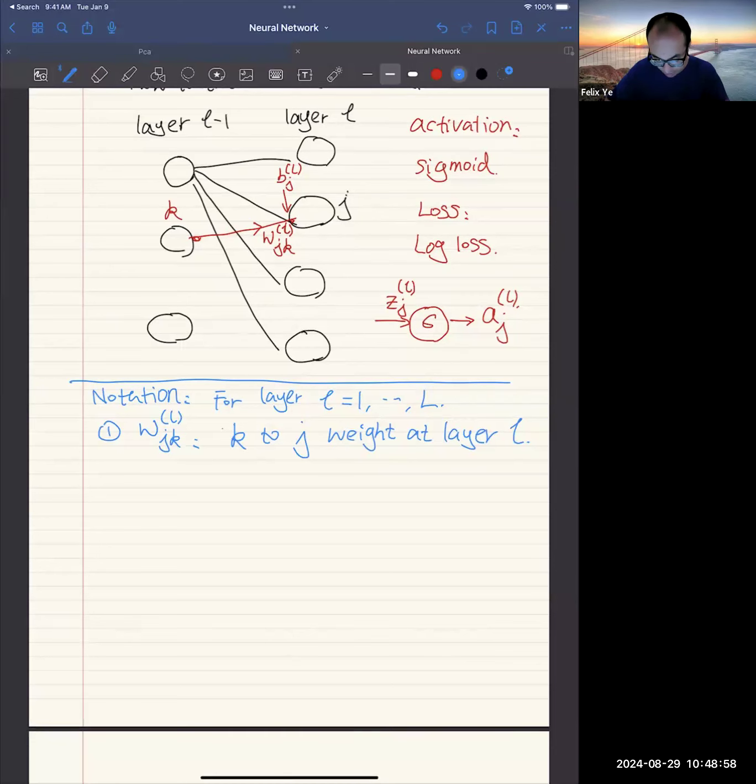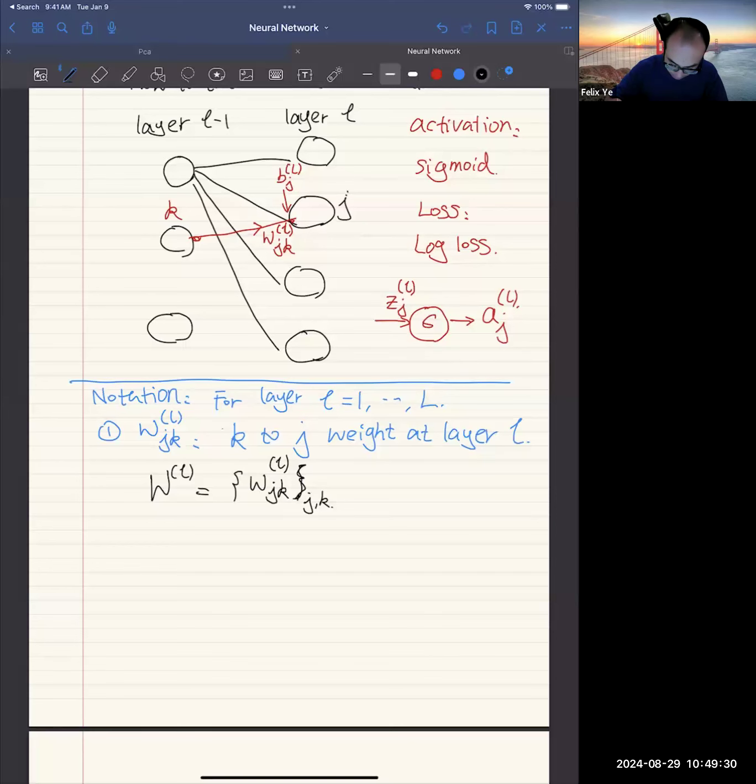Then we can make everything vectorized, and the vectorized version I'm going to call WL. What does that mean? I'm going to have this WJK of L as a matrix. Basically, J and K will be the indices of my matrix WL.